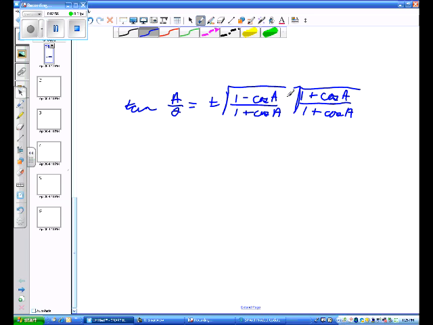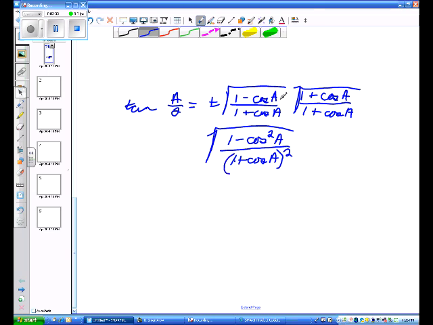Now, if this were a positive, then a positive times a positive would be a positive, a negative times a negative would be a positive. So it's going to work that when we multiply this, that our signs are going to be taken care of. And so we're not going to have to worry then about this plus or minus out here. But what we get is the square root of 1 minus cosine squared A over 1 plus cosine A squared.